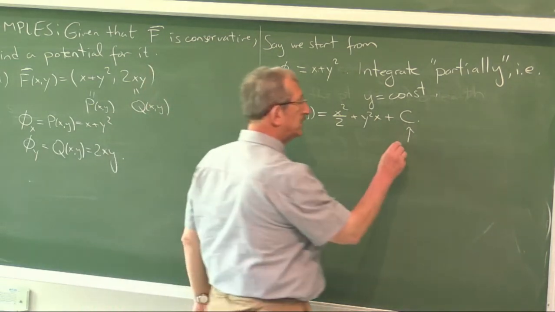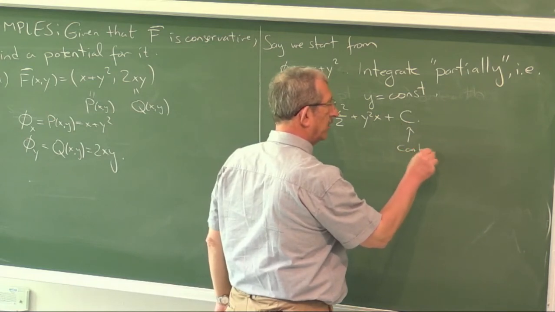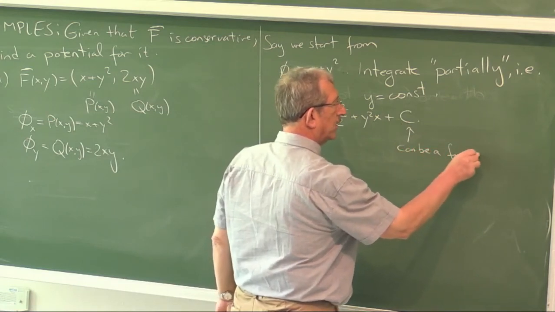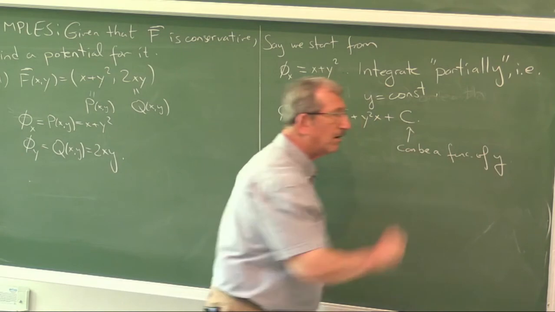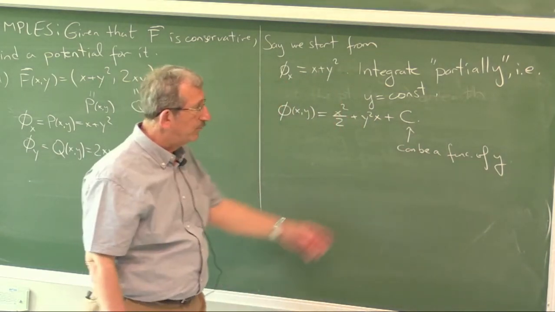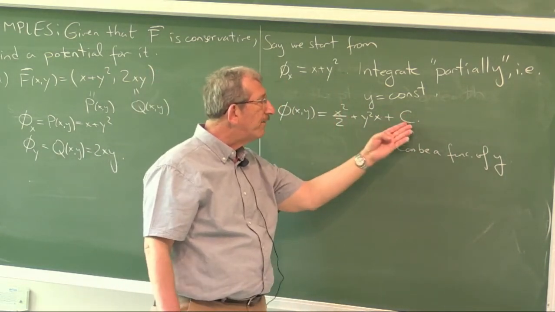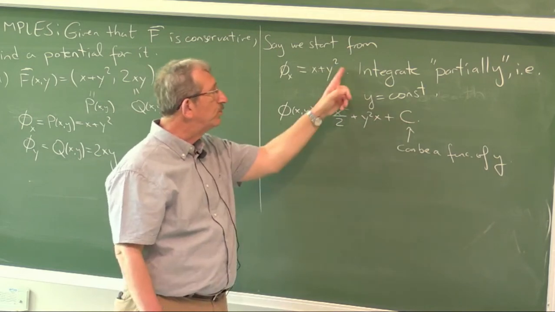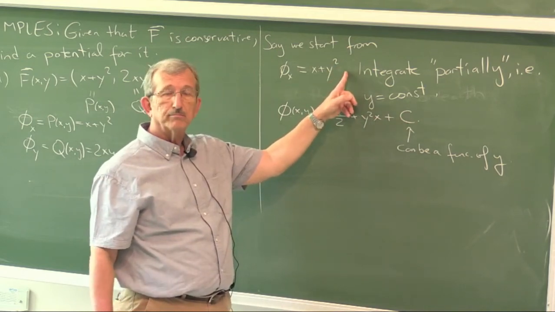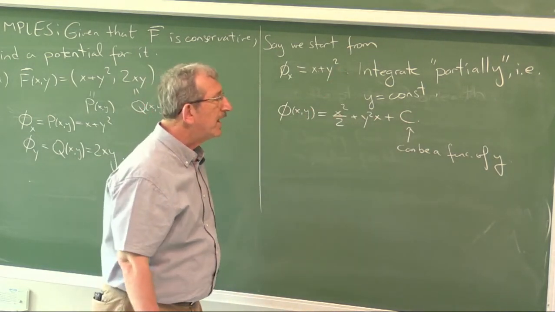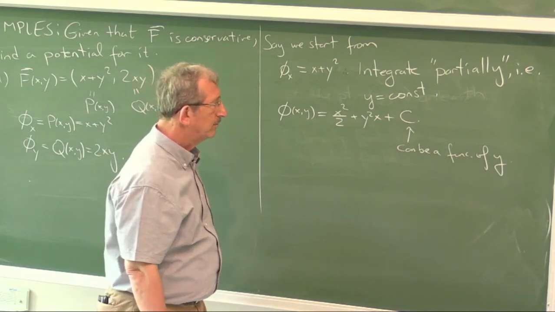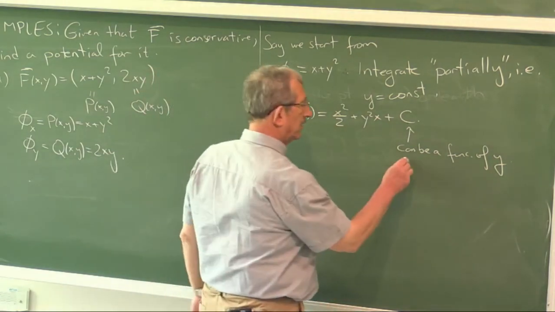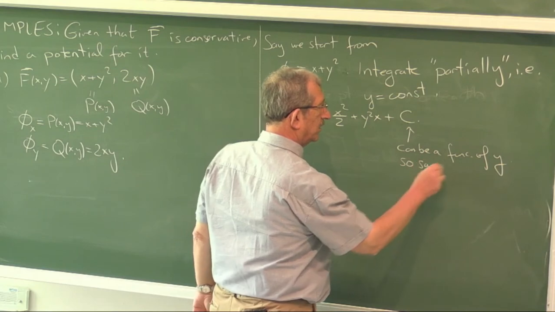So this can be a function of y, but not of x. Because if we had x in it, when you differentiate with respect to x, we would see it here, but we don't. So it can be a function of y. So write this c of y.